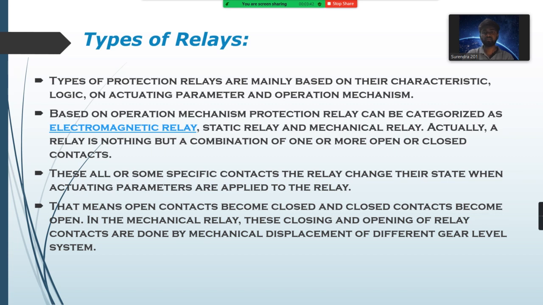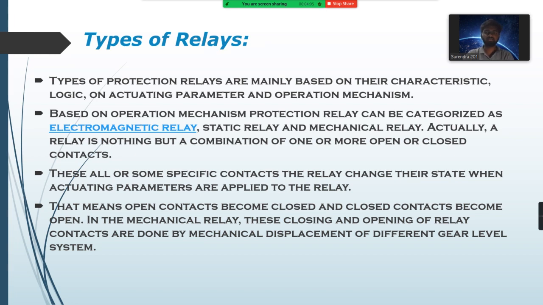Types of protection relays are mainly based on their characteristics, logic, actuating parameter and operation mechanism. Based on the operation mechanism, protection relays can be characterized as electromagnetic relay, static relay and mechanical relay. Actually, a relay is nothing but a combination of one or more open or closed contacts.